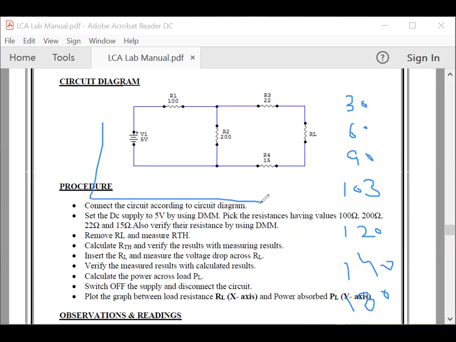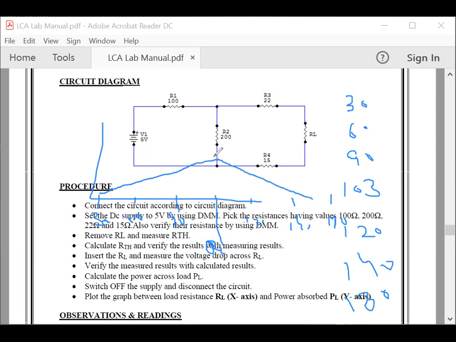So your graph will look like this. This is the first point, 30 ohm. This is the second point, 60 ohm. This is the third point, 90 ohm. This is your RTH point, RL point, which is equal to RTH. This is 120 ohm, 140 ohm, 180 ohm. So your graph will look like this.